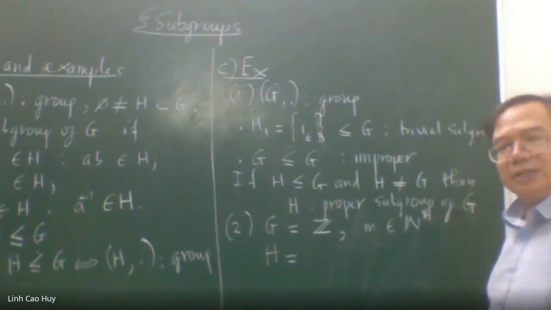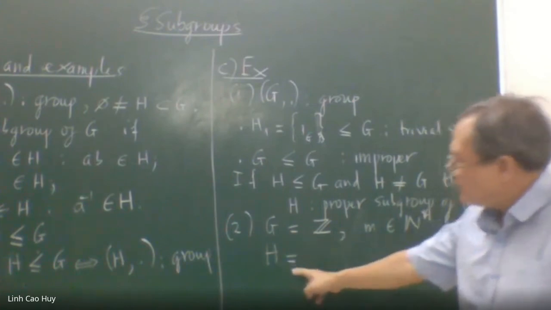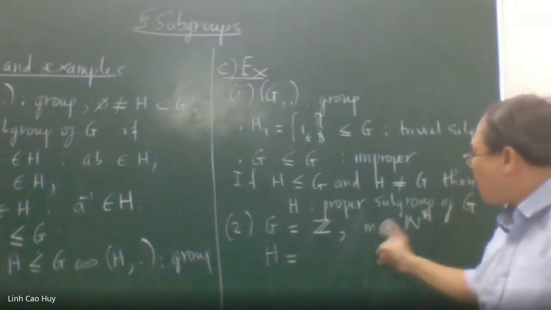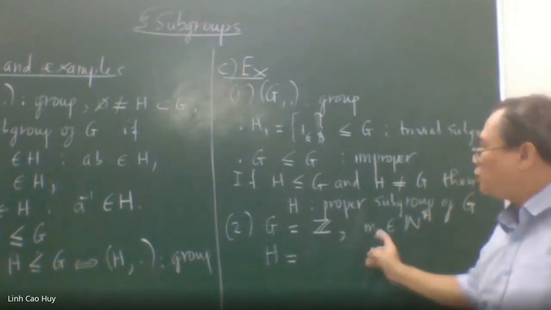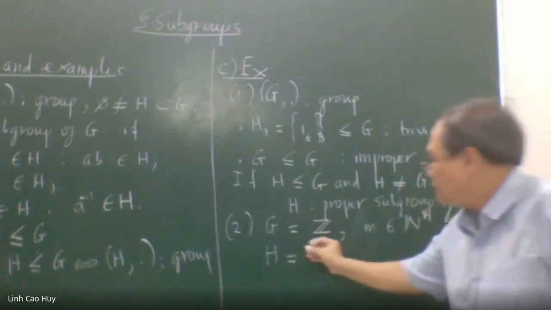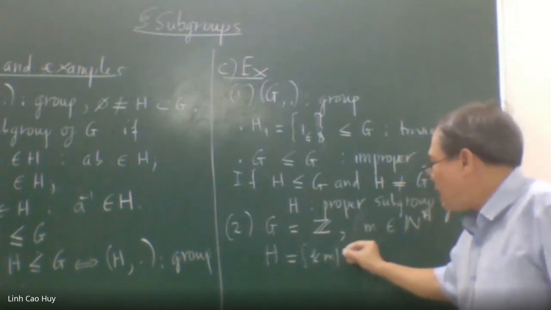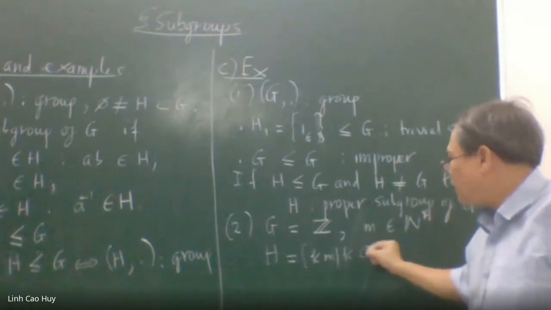And S is the set of integers that are multiples of M, that is, the set of K·M where K runs over Z.